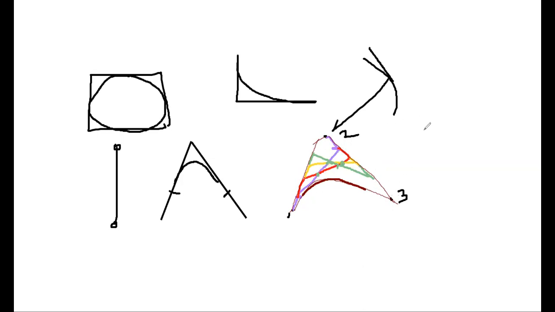So that is how ultimately what we are going to get is that the curve is going to be like this, well within the points 1, 2 and 3. It is not going to extend till here and go about like this. It's going to be well within there itself, depending upon the Bezier equation. We'll see that equation in the later stage. So this is what is going to happen in the Bezier curve in a step-by-step manner.